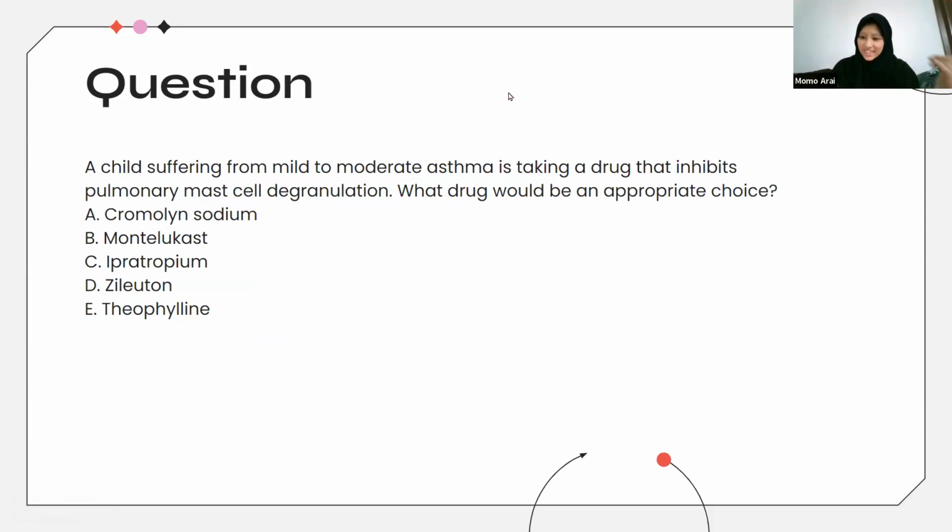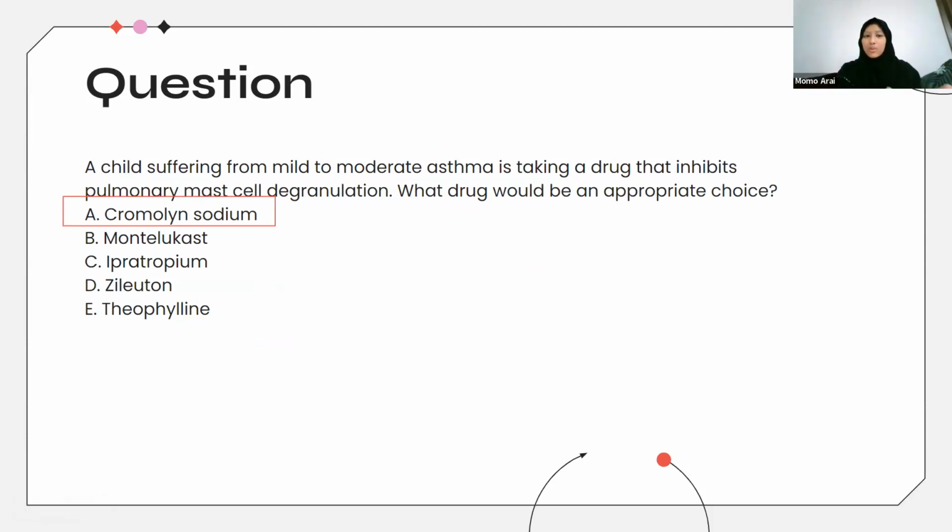Good. So it's A. Since most of you said A, I'll show you the answer. The answer is A, cromolyn sodium. So you can see the mechanism of action from the question, and you can relate it to this drug.